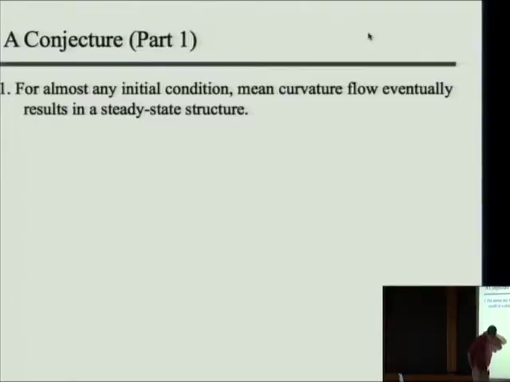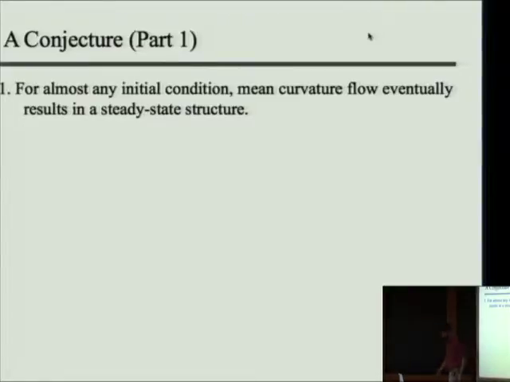So there's this conjecture in my field. It's so old it doesn't even have a name associated with it. It's just kind of assumed that this is true. In this case, I'm talking about grains specifically, not so much about foams. So in that case, mean curvature flow applies.